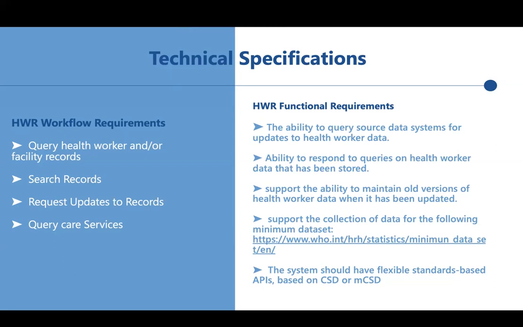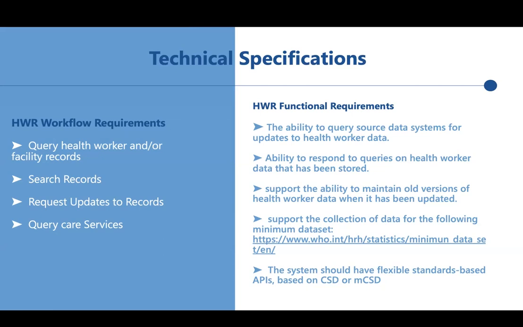Right now, OpenHIE recommends using the minimum data set that is provided by WHO. But like I said, you can also add extra data depending on what you want to collect around your health workers.